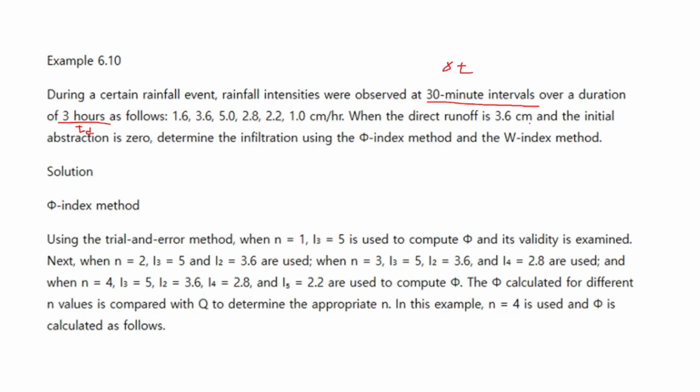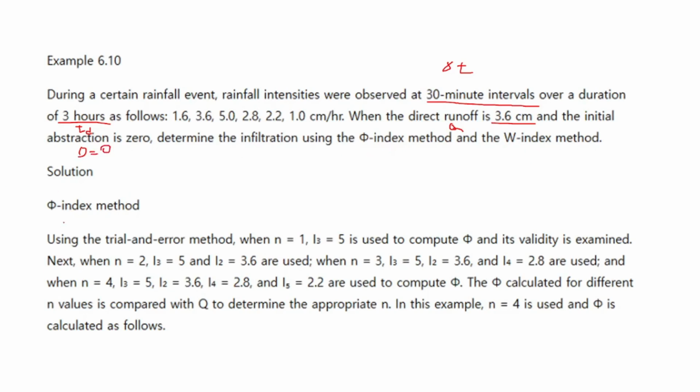The direct runoff is 3.6 centimeters, so that's Q. The initial abstraction is 0, so D equals 0. Determine the infiltration using the phi index method and then the W index method.